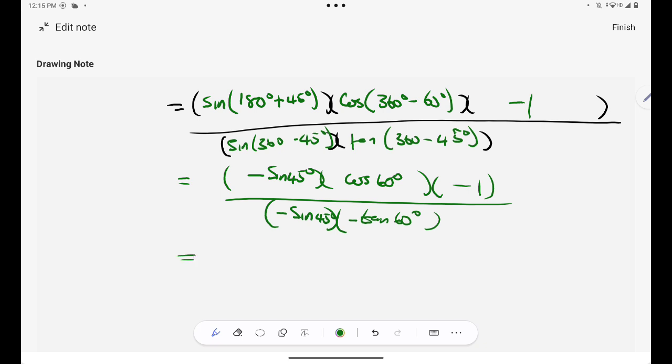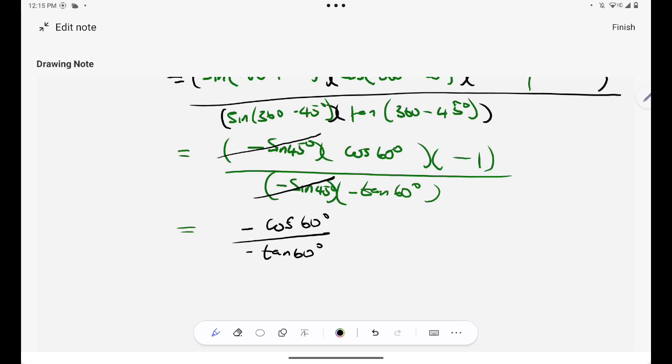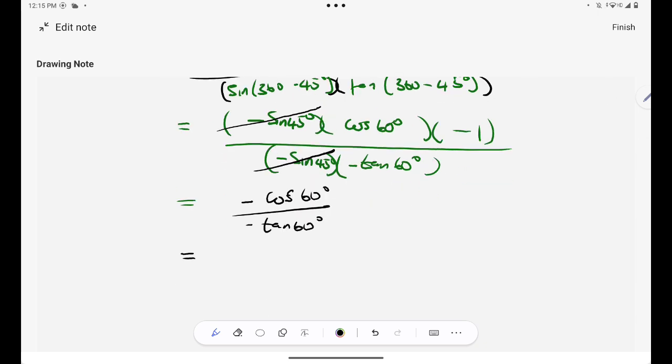Are you together? Please note that since these two are the same, this will cancel with this, so I'll be left with negative cos of 60 degrees all over the negative tan 60 degrees.